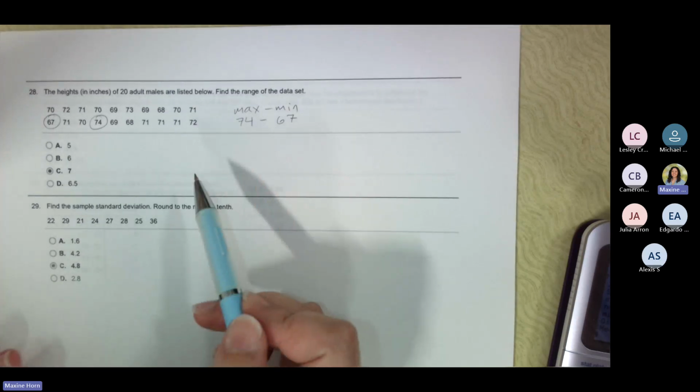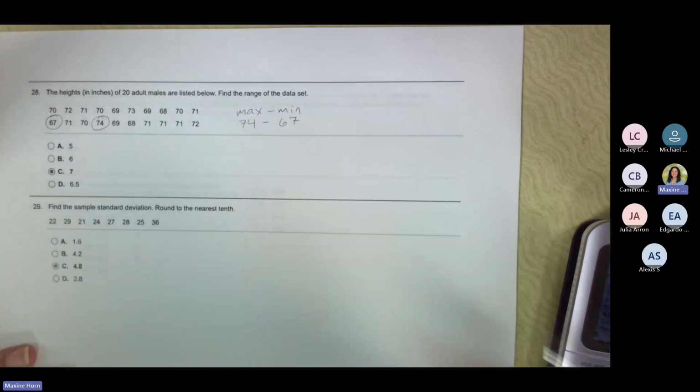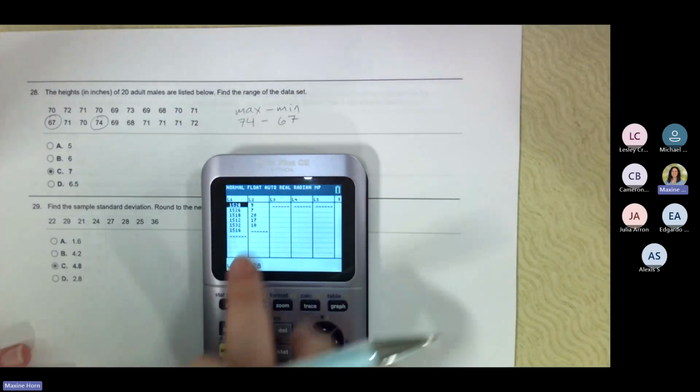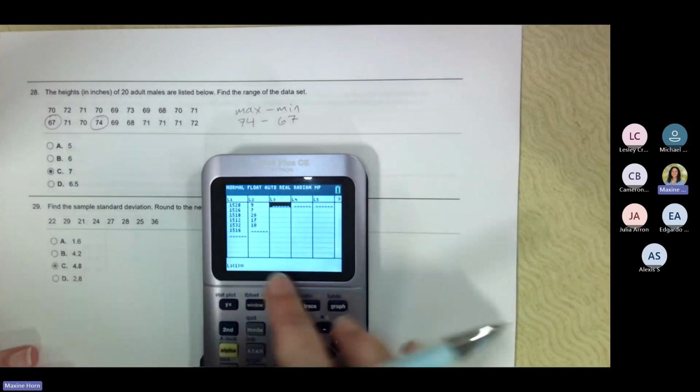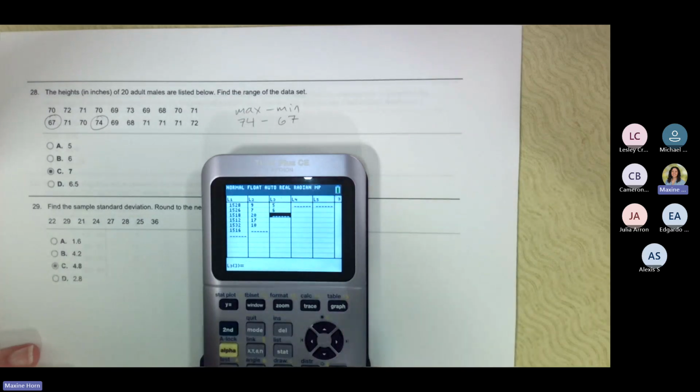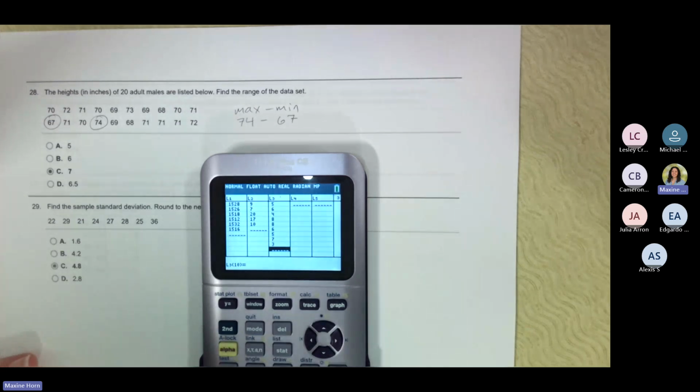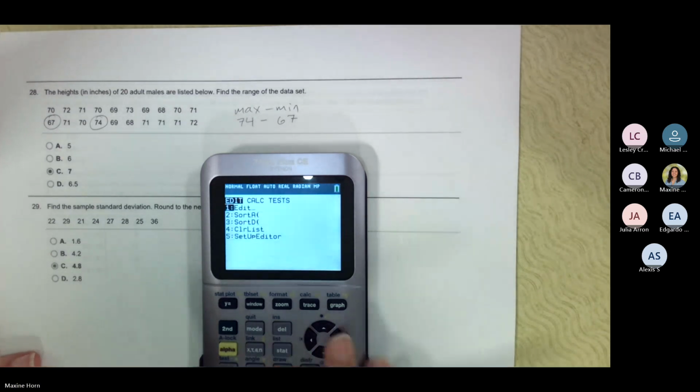But if you did want to plug it into the calculator, you'd plug all of these numbers in, right? You go to stat, edit, you'd plug all the numbers into, you know what, you could plug them into list 3 if you wanted to. Like, hey, I'm going to plug a bunch of numbers into list 3. Just random numbers. And then I can either tell it to sort.